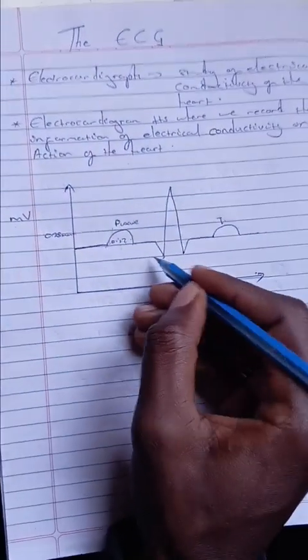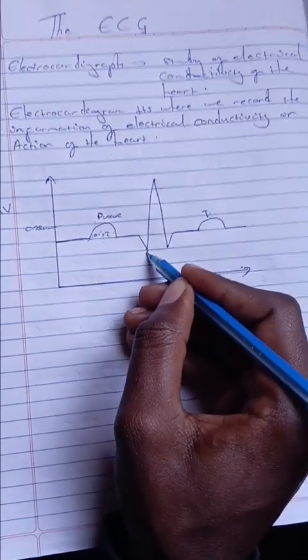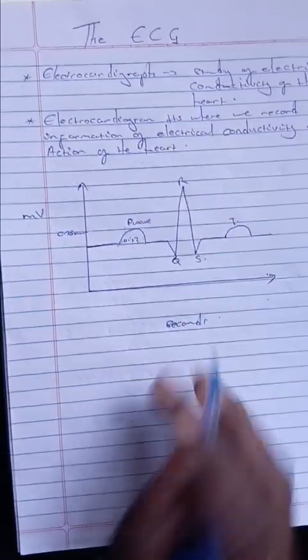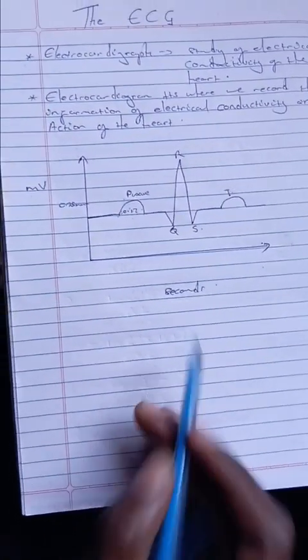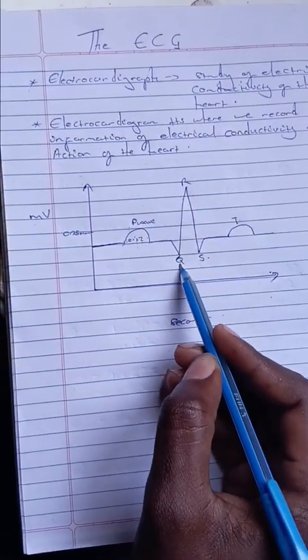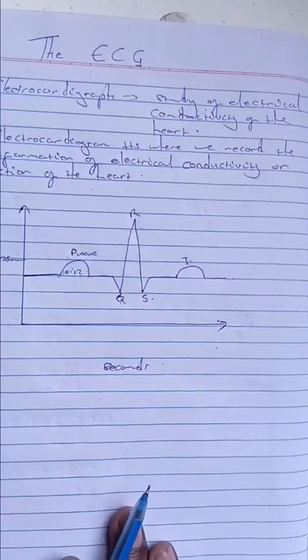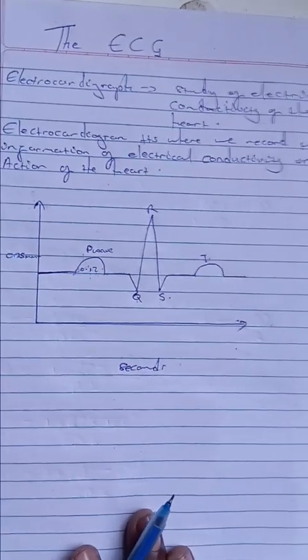So this is now Q R S, and this QRS is now ventricular depolarization.